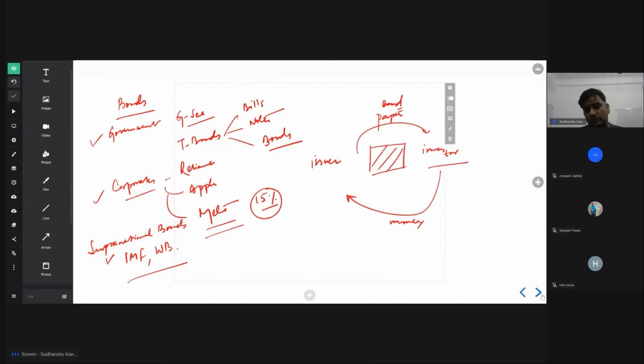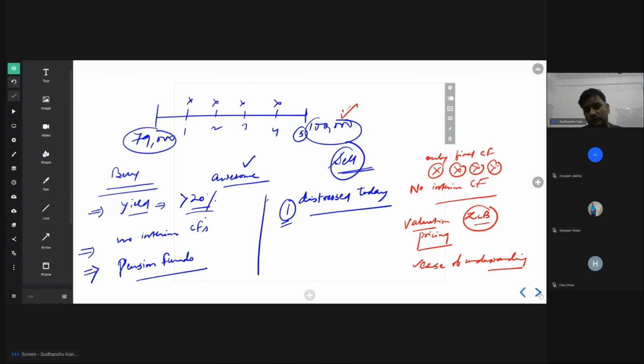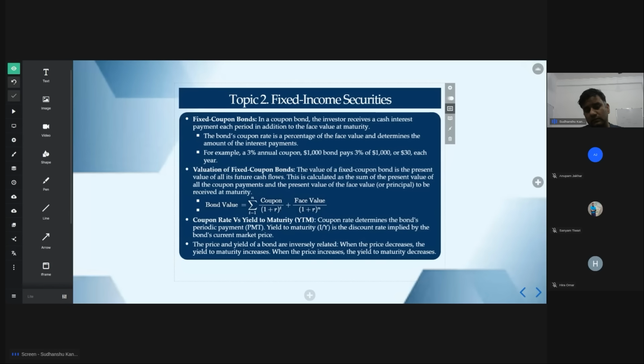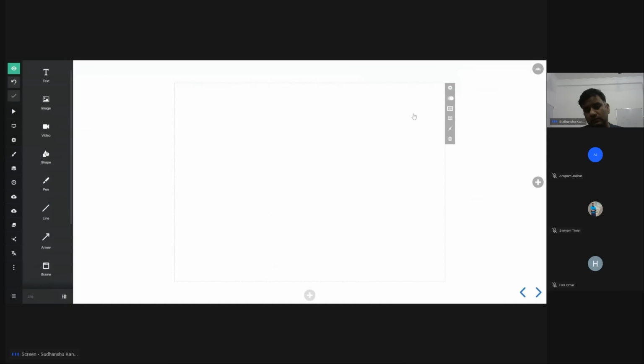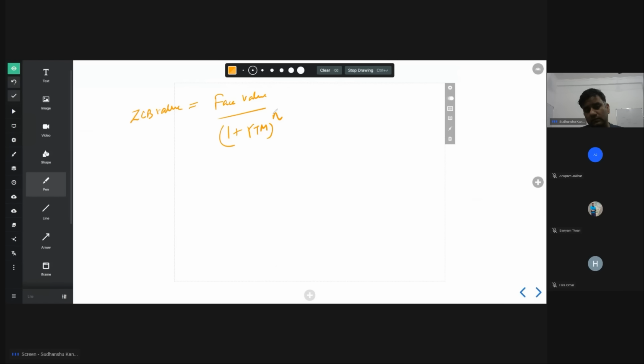Please note very clearly that a zero coupon bond value is equal to your face value divided by (1 plus YTM) raised to power n, right? So what are we trying to put?